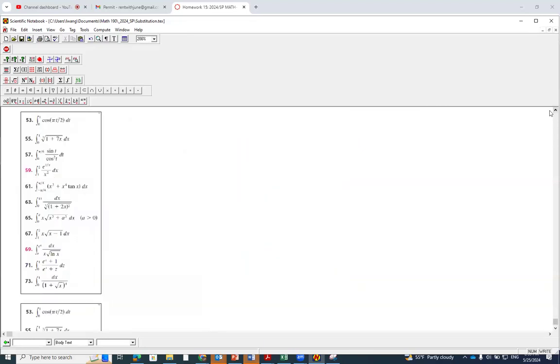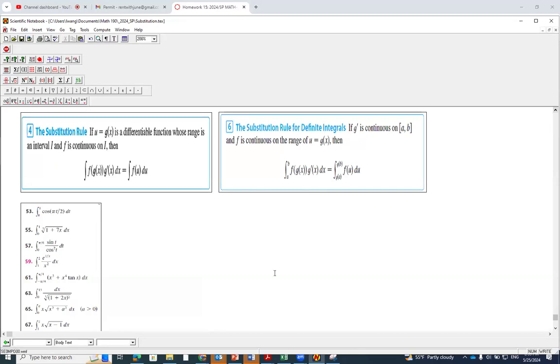So let's look at another question. This one I'm going to pick up is 59, and it's a definite integral.